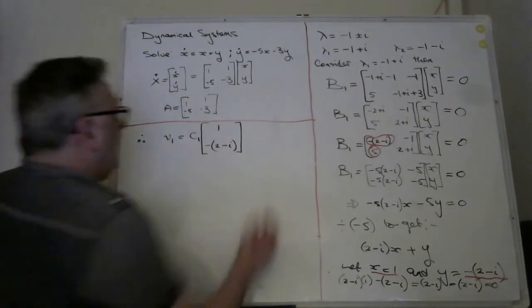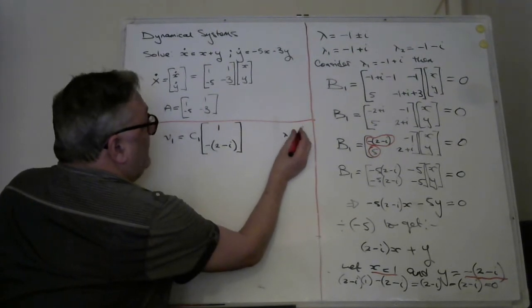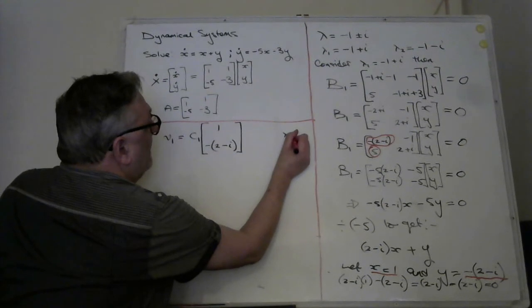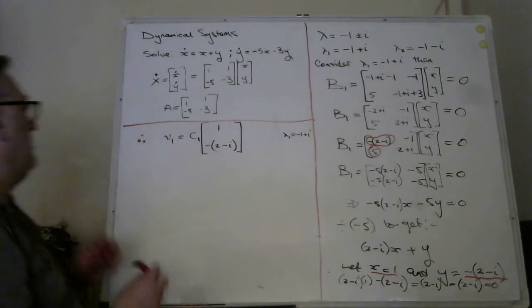Right. And that's associated with the eigenvalue lambda 1 equals -1 plus i.